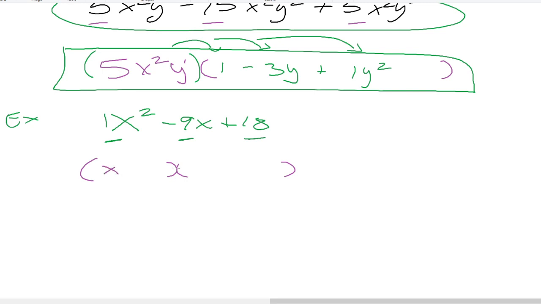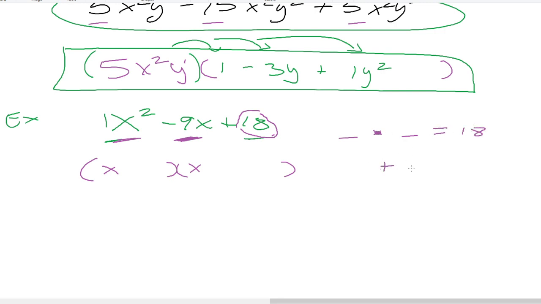So x times x will give me x squared. Now I need to think of two numbers that I can multiply to get 18, but when I add them I get -9. So two numbers that when I multiply those two numbers, I get 18.